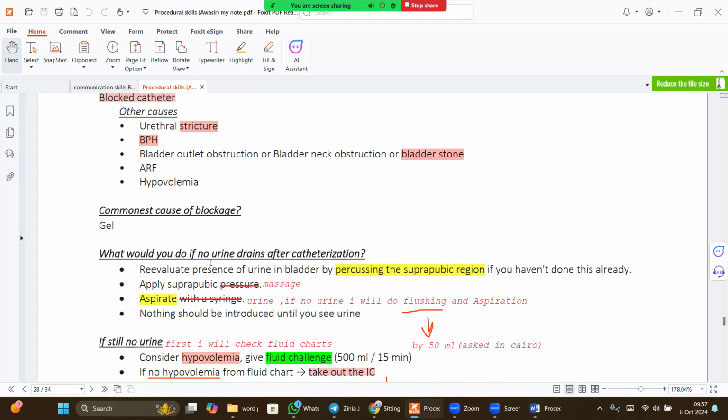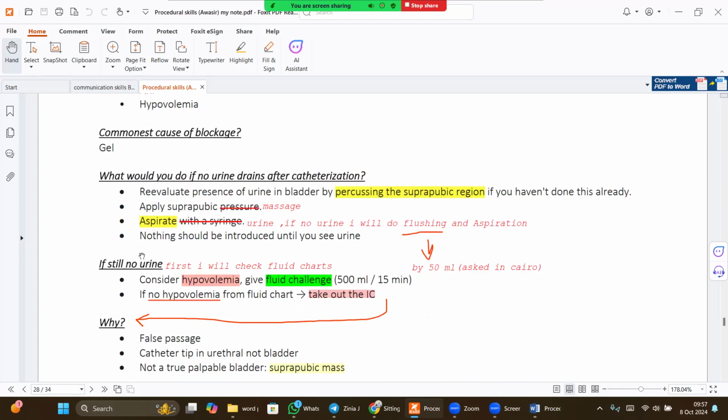What would you do if no urine drains after catheterization? Evaluate presence of urine in the bladder by percussing the suprapubic region. If you have not done this already, apply suprapubic massage and aspirate urine. If no urine, I will do flushing with 50 ml of water and aspiration. Nothing should be introduced until I see urine.